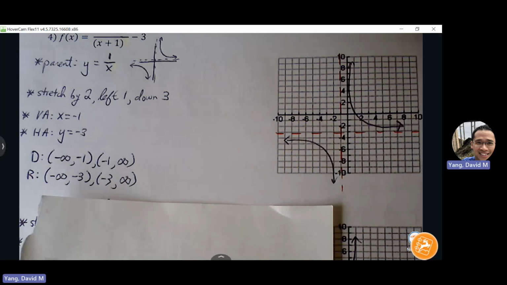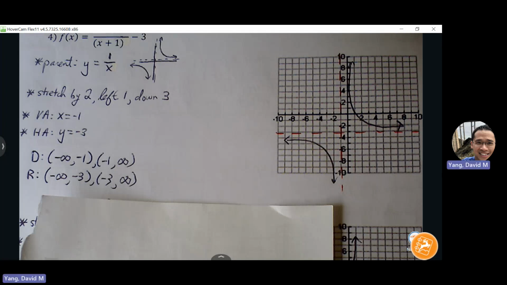Because even if you get the stretch portion of the graph wrong, you're still able to identify the domain and range with perfect accuracy. That stretch is not influencing your domain and range if you get the asymptotes right.